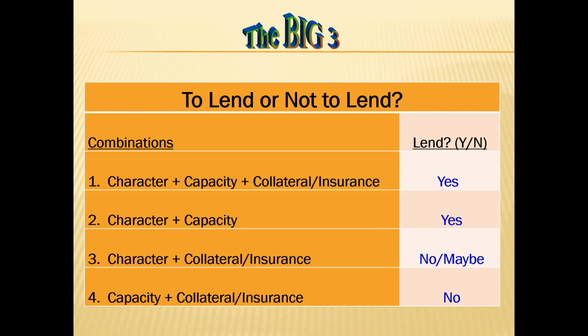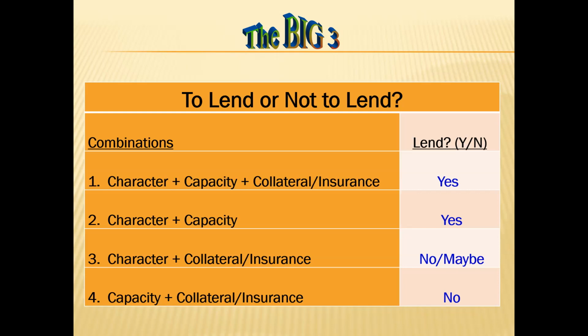You wouldn't do that for mortgages. Three, if the person has character and collateral but not the capacity, we said no and possibly maybe, and then I gave a little illustration of how we can turn a collateral property someone had into a business venture, and therefore bring in more income, thus increasing capacity. So that's where the maybe came in.